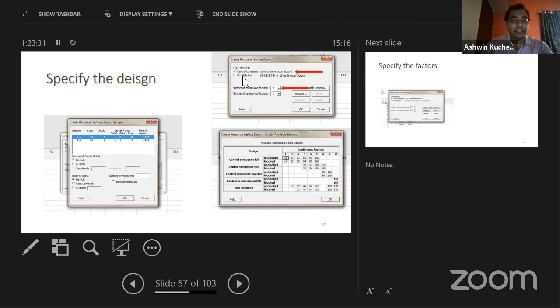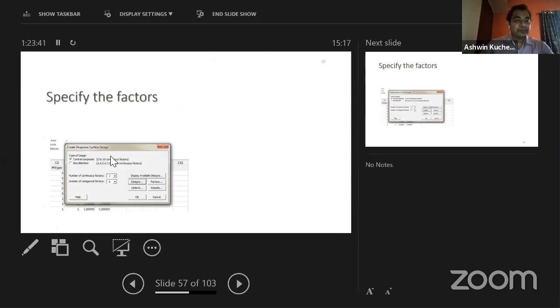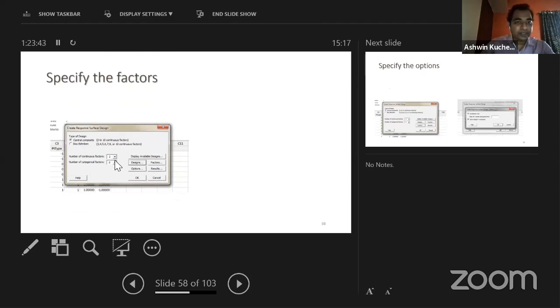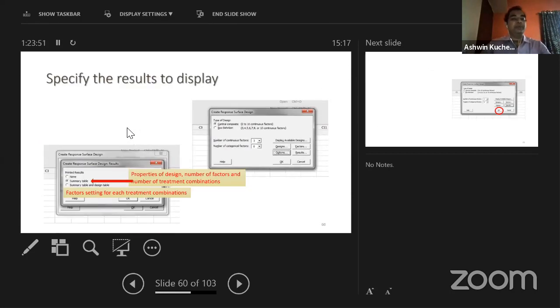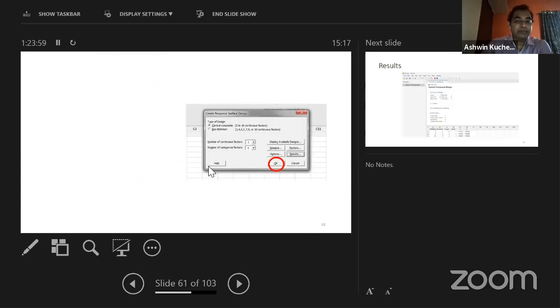Here we are starting with the central composite design. Note the number of factors, 2 factors, 3 factors, and you will get a design. Specify the number of factors, options, how many categorical factors, and which randomized runs and replication runs need to be performed. Specify the results, in which type you want them, summary table or summary table along with the design table, and press OK.